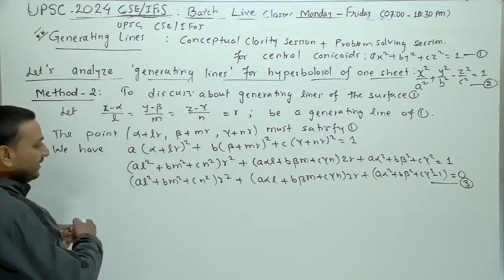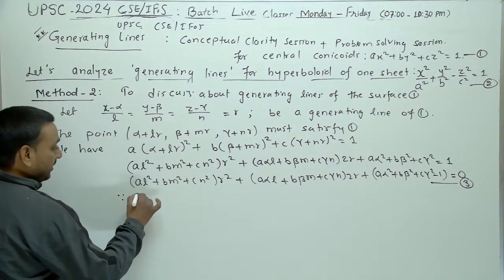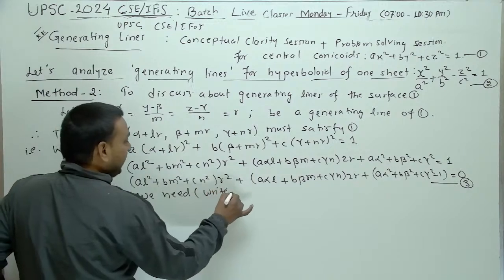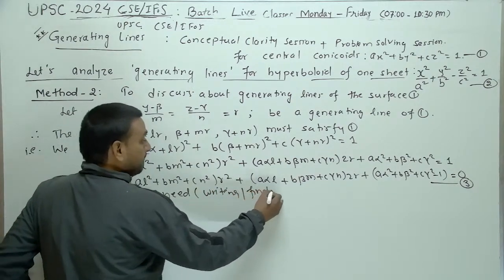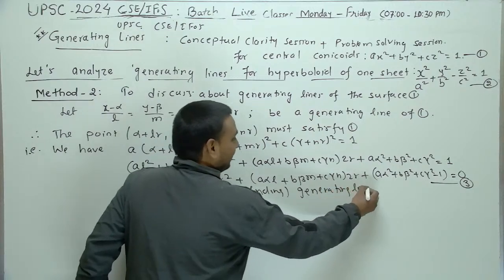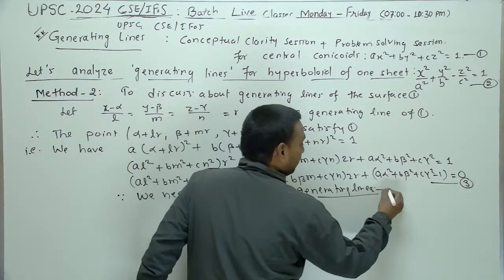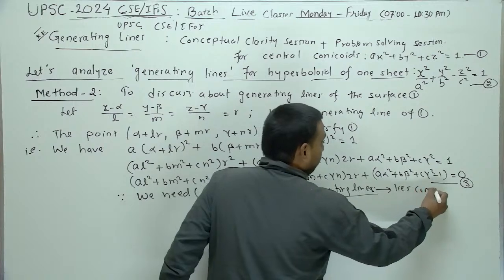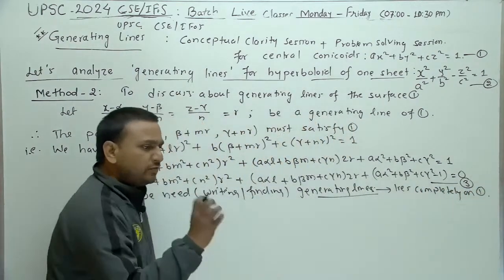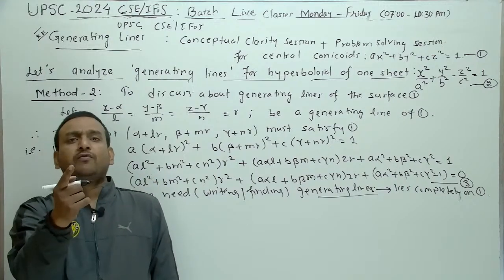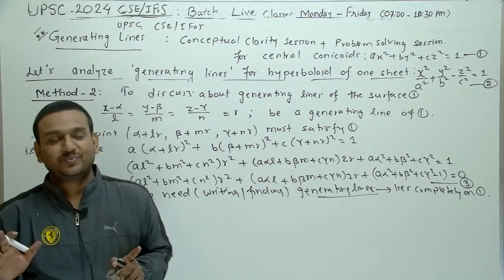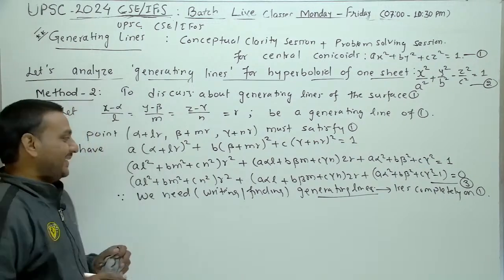But here, since we are finding generating lines, that means the line lies completely on 1, meaning no matter what the value of r I take, this equation is satisfied. Say yes or no. Yes.